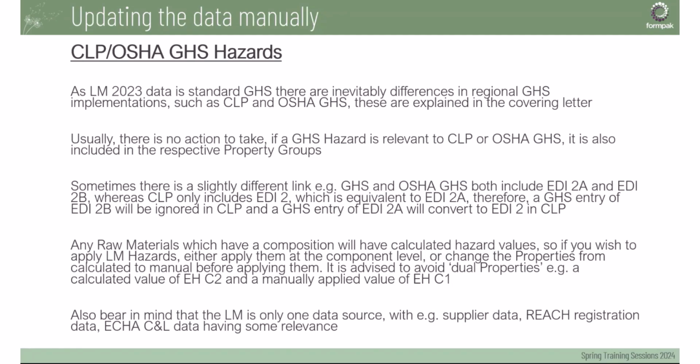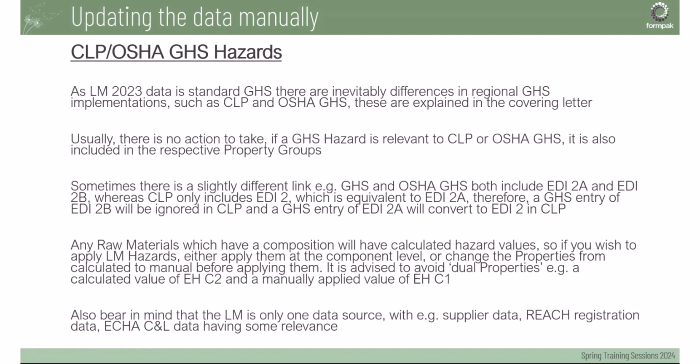So it's advisable to avoid dual properties, where there's a conflict. So for example, it may be that there's a manually applied value of EHC1, but because of the components and their hazard contribution, there might also be a calculated value of EHC2. So it's good practice to remove one or the other.